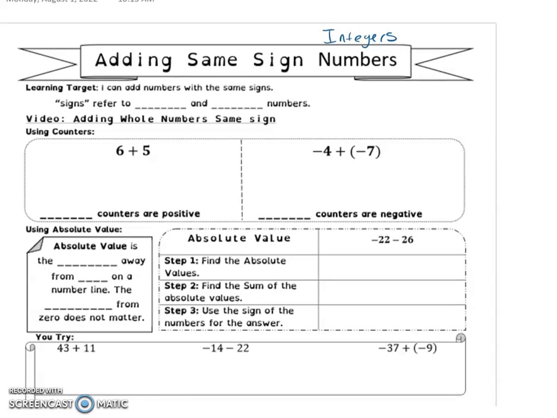All right, if we look down here at our learning target, it says I can add numbers with the same signs. So with the same signs, what does signs mean? Signs means we are referring to positive and negative numbers.